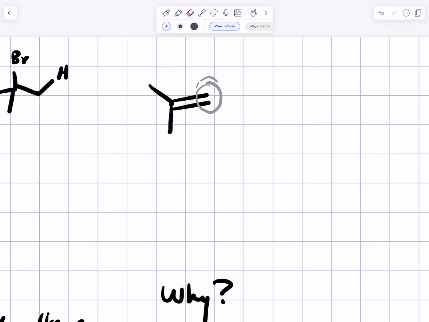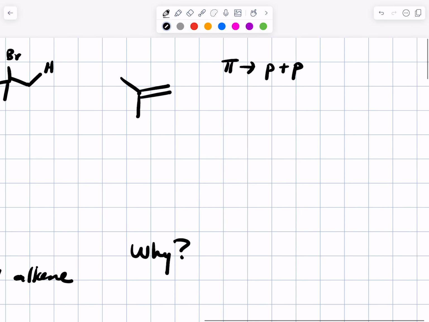You get the pi bond by the pi molecular orbital coming from addition of the two p orbitals together side by side with the same wave function sign.